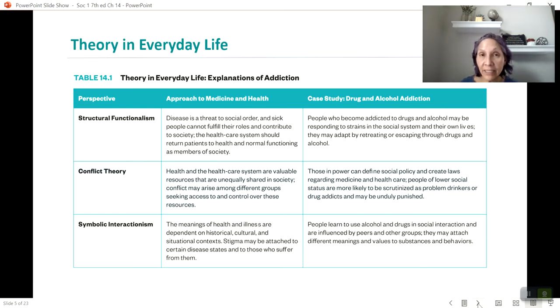Many people will get sick, maybe even die. The pandemic is a good example of that. However, structural functionalist theorists look at the pandemic that we are experiencing, and they believe that we will learn from this pandemic, that we will be able to figure out a way to heal people, to treat COVID-19.